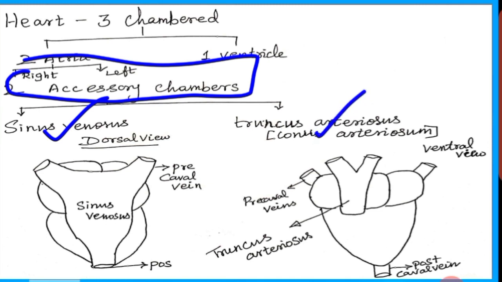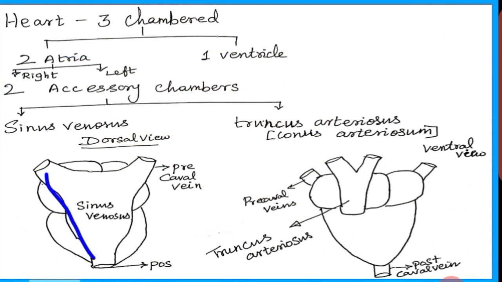Sinus venosus is a large, thin-walled, triangular chamber. Location, dorsal wall of frog's heart.